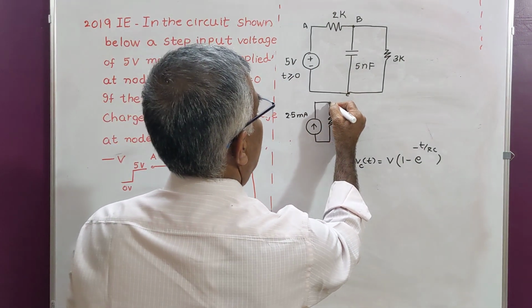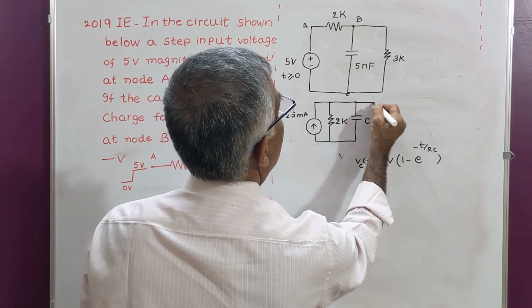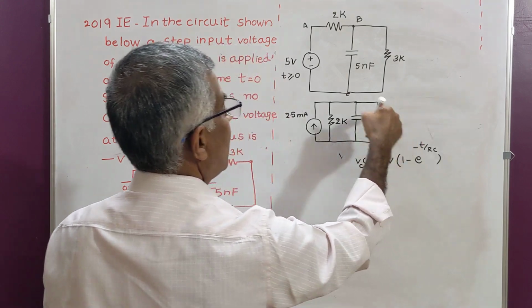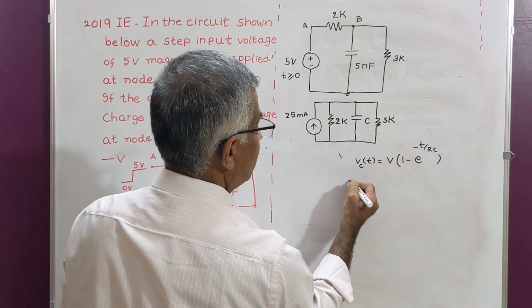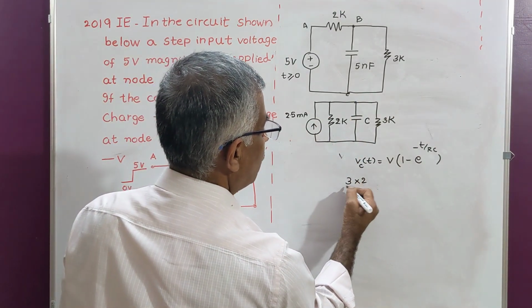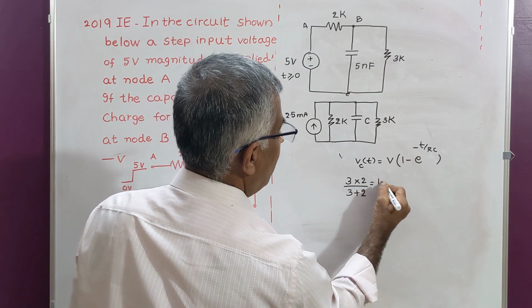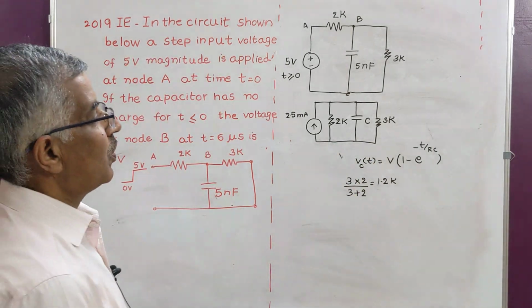Next, the capacitor remains here and then 3K. 3K and 2K are in parallel. Therefore, equivalent resistance is 3 into 2 divided by 3 plus 2, that is 1.2 kilo ohms.